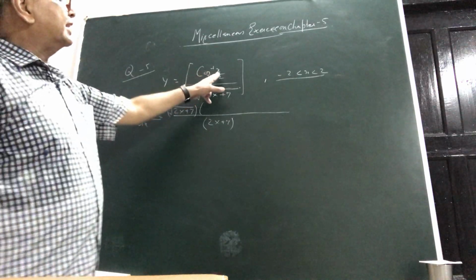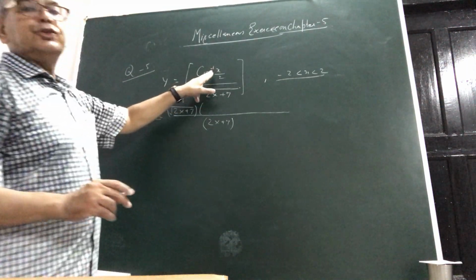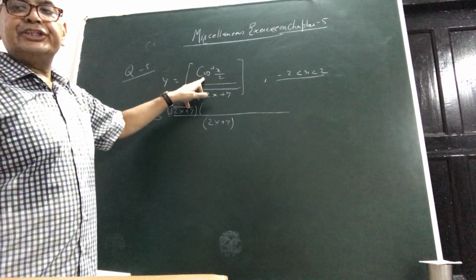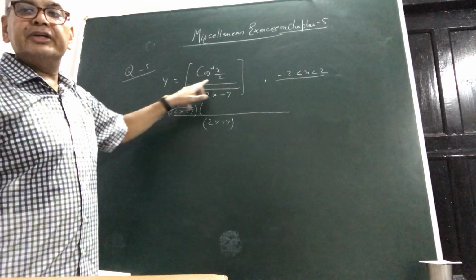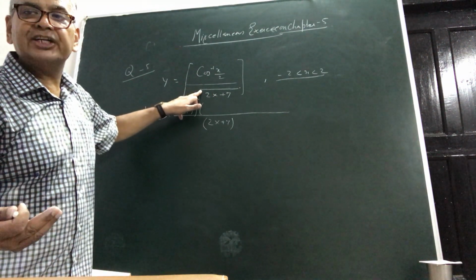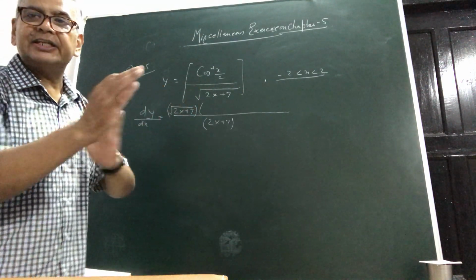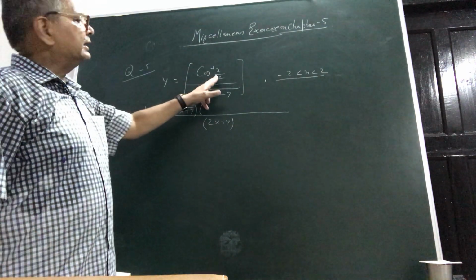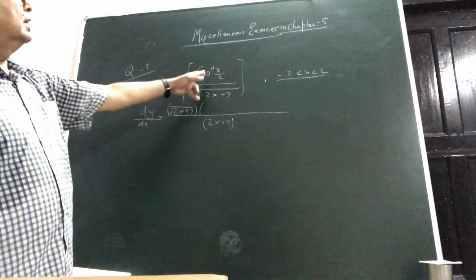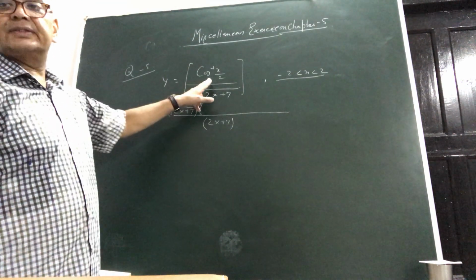So x by 2 you will be putting t. So t is your internal function here. First of all you will differentiate cos inverse t with respect to the internal function, and then this internal function is to be differentiated with your independent variable x. So it is the product of these two. This is the perfection you have acquired now while obtaining the derivatives of composite functions.